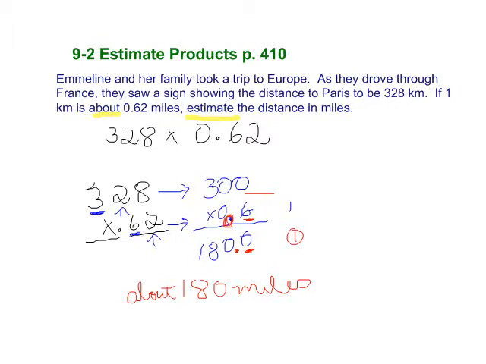Let's try a different problem. What about if we are going to estimate 96 multiplied by 2.907? Here's the decimal point, and here's the 2, and that's what we are multiplying. So it's 2 and 907 thousandths multiplied by 96.